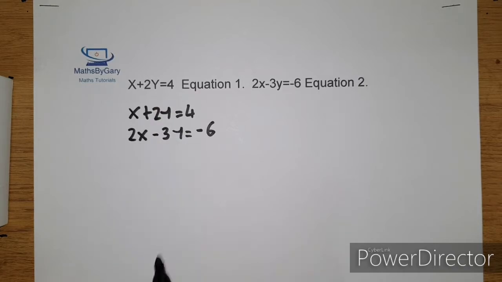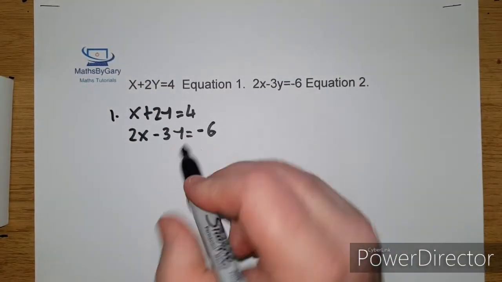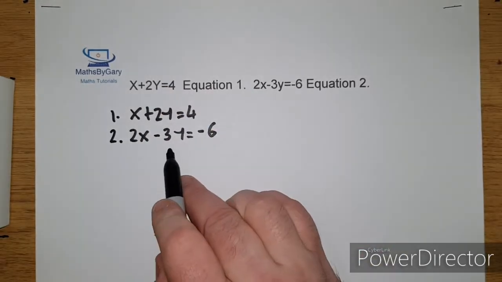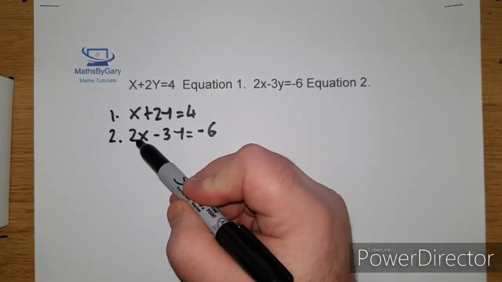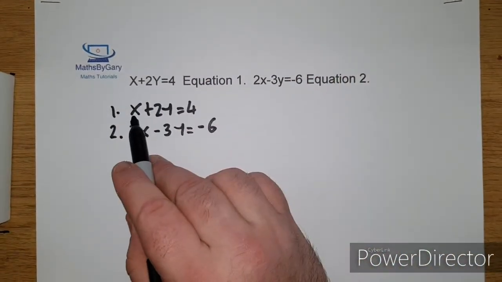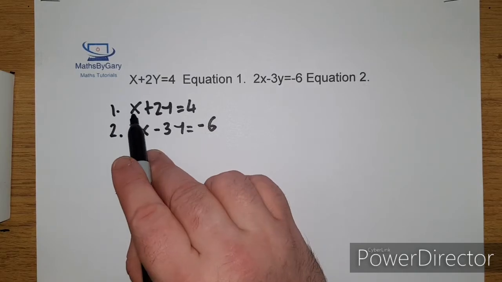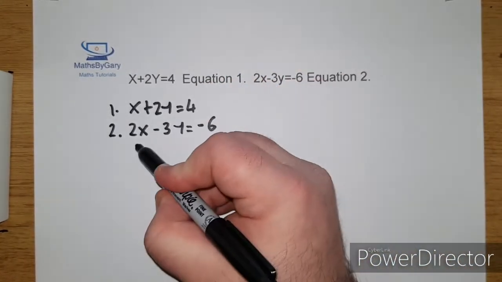So if you look at equation 1, we have x plus 2y equals 4, and equation 2, 2x minus 3y equals minus 6. The easiest way to cancel out the x's would be, when we add them together, if the x in equation 1 was minus 2x, because minus 2x plus positive 2x would give us 0.